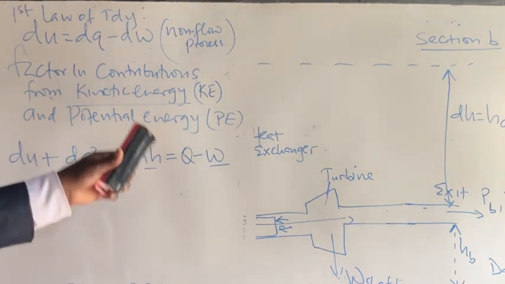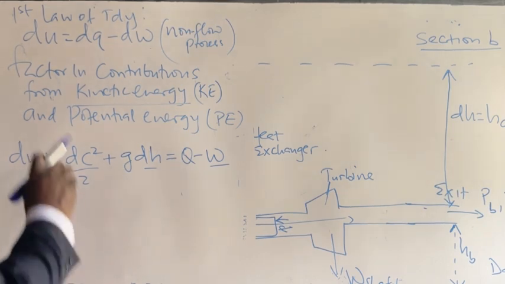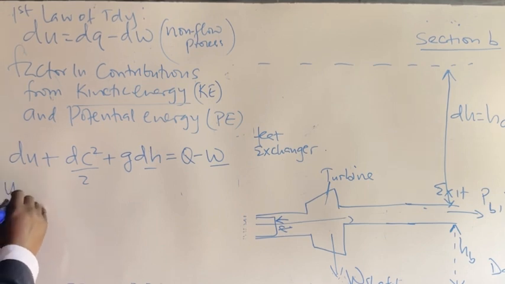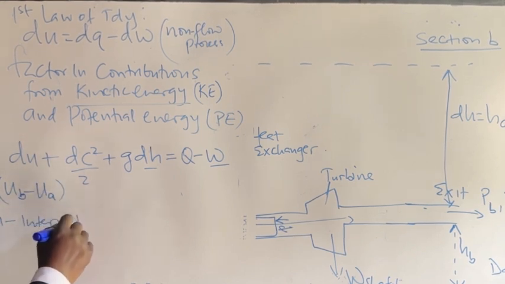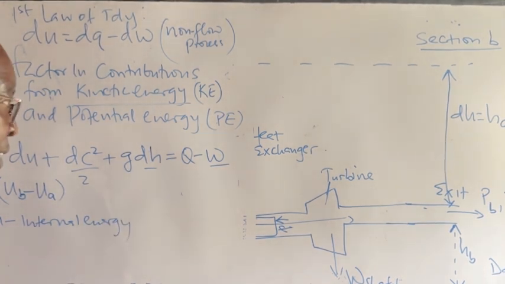And so if we put in these quantities, which we have, the internal energy in section A and B, the change will be UB minus UA. Remember, our U here is internal energy. Very important to note that.